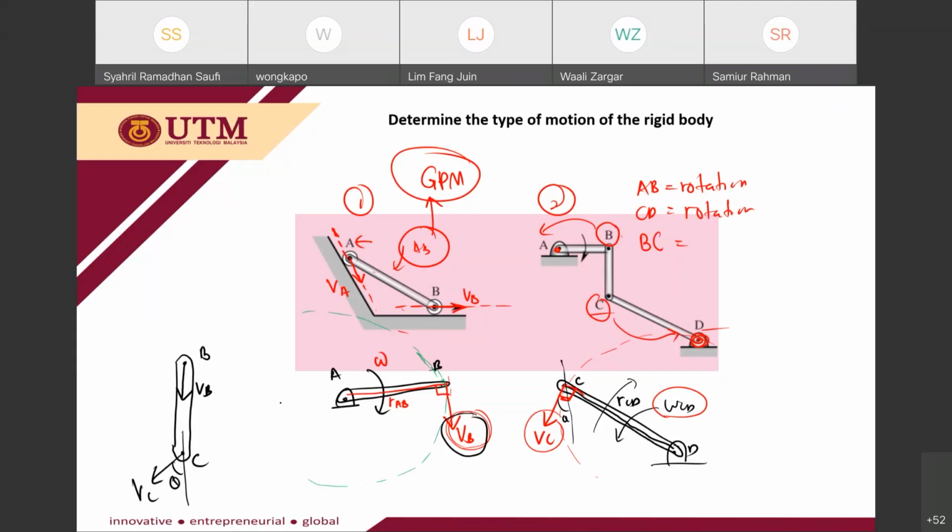Okay, you may notice that the velocity lines of VB and VC are not parallel. So from this case, I know that BC is actually moving with general plane motion.